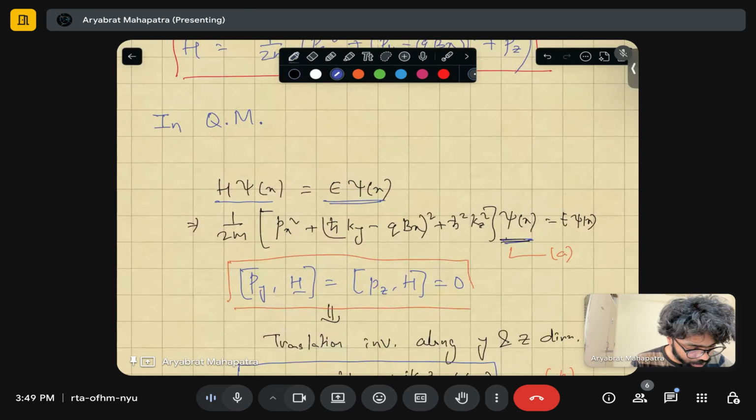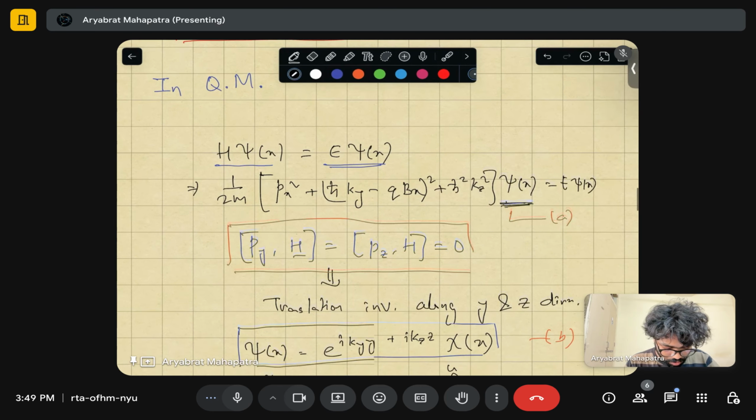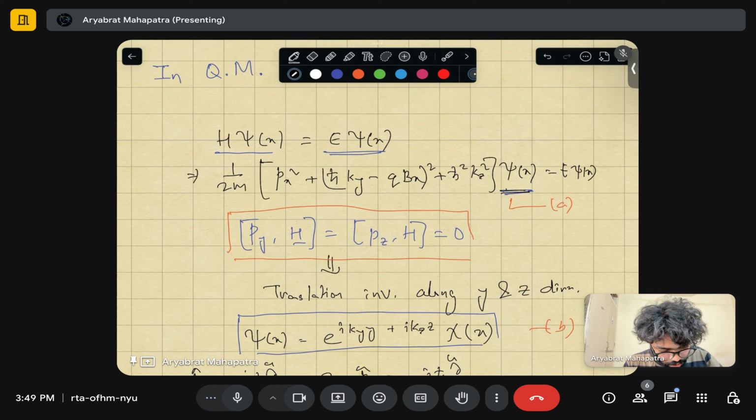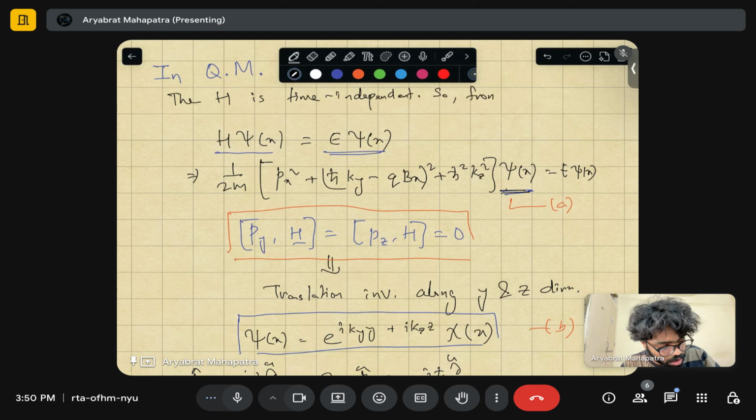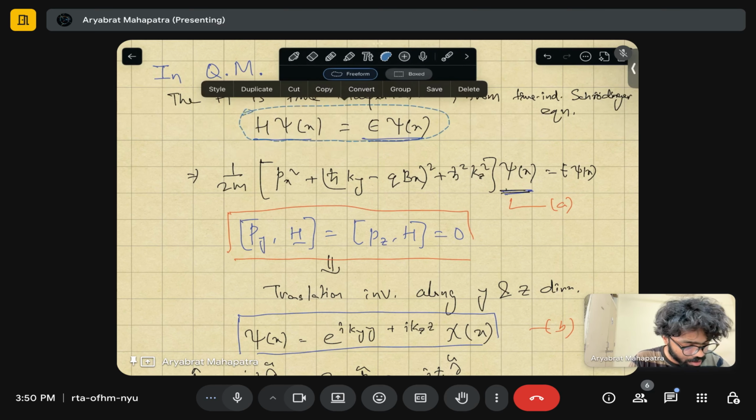So in quantum mechanics, since the Hamiltonian is time independent, from the time-independent Schrodinger equation you can write the following.